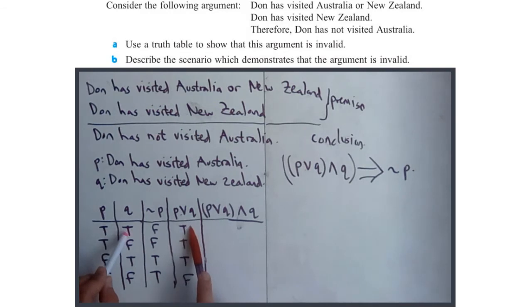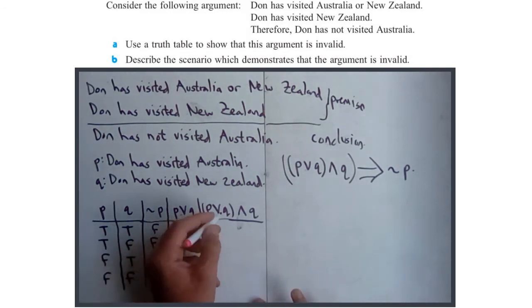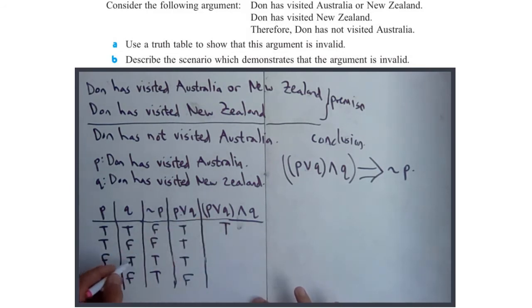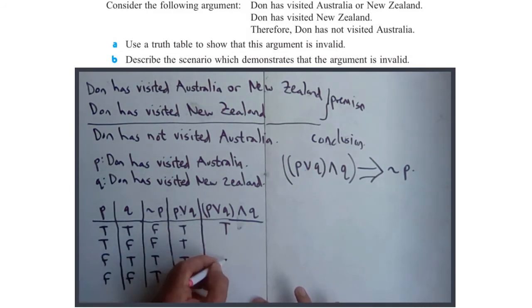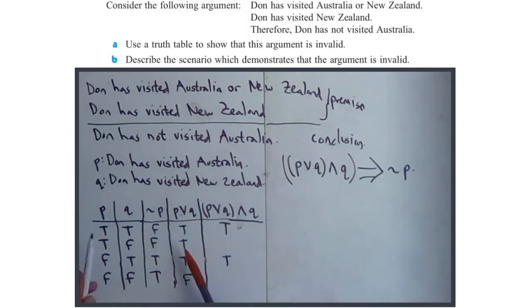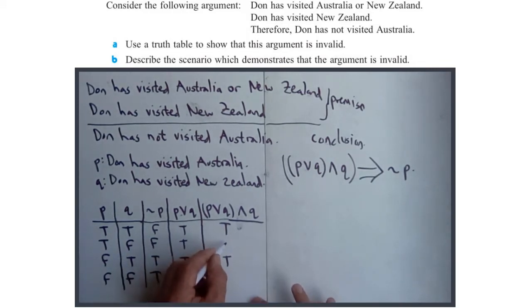That happens here and here, so that would be true there and here as well. Anywhere else, remember it's P or Q and Q, so here one's true but the other one isn't, and here they are both false. So that would make this false and false.